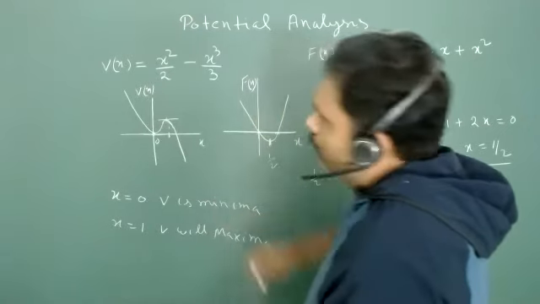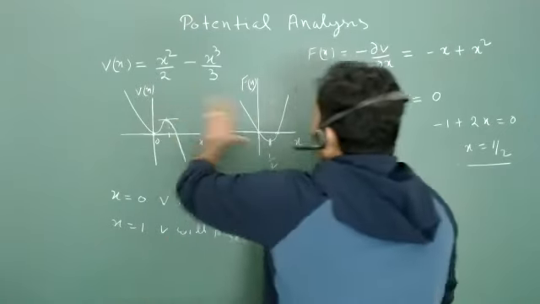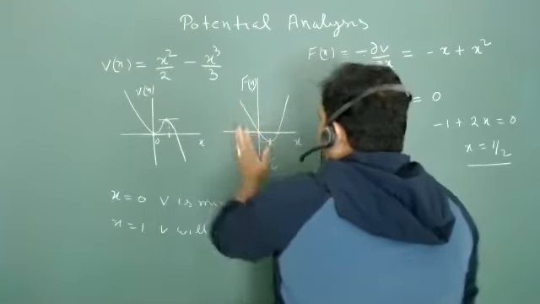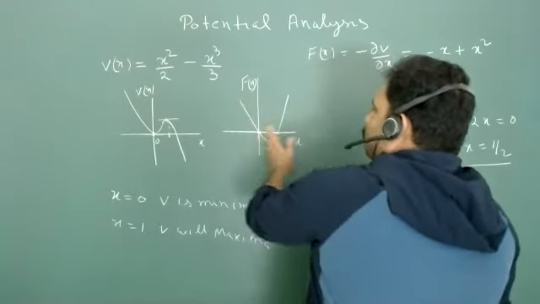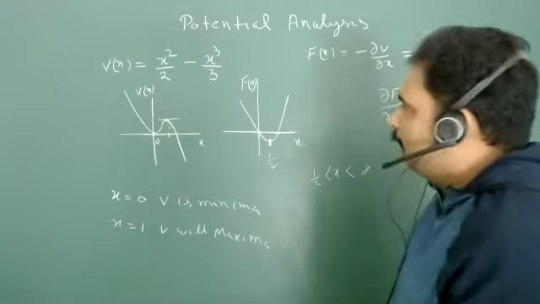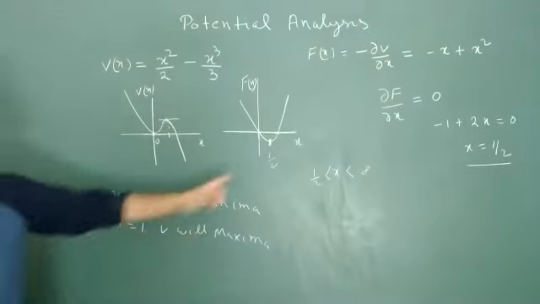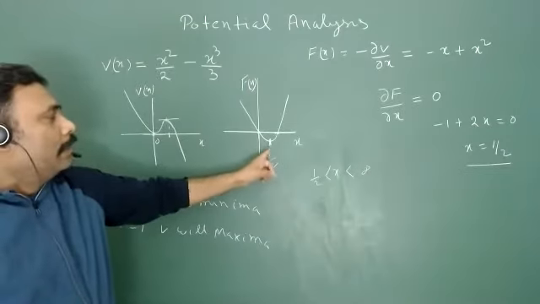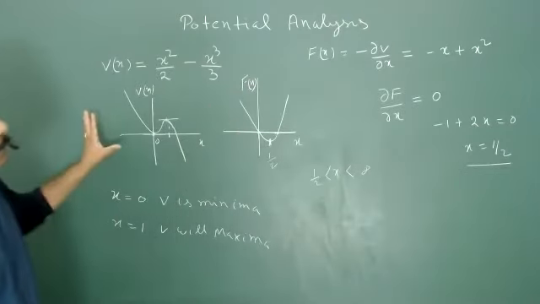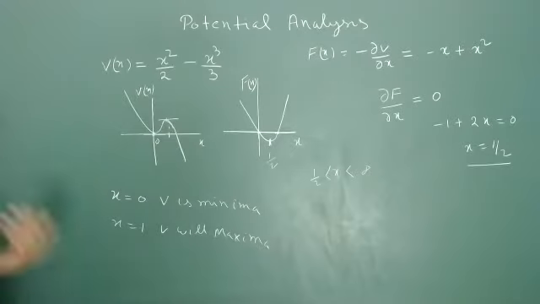Once you can easily plot the curve, then you can analyze what is going to happen to the system. And where is your force minimum? The force is minimum at the point x equal to half. So each and everything we can identify when we know the potential.